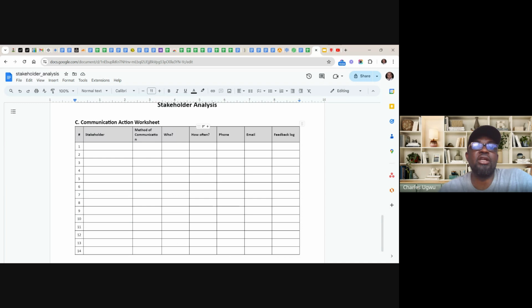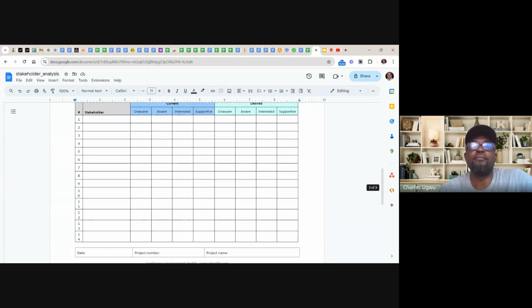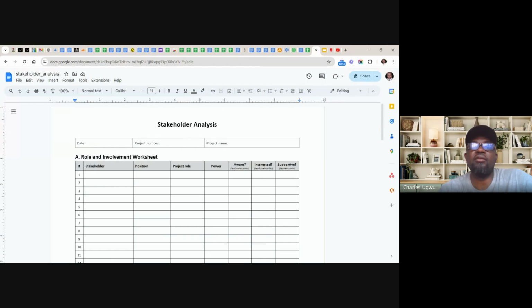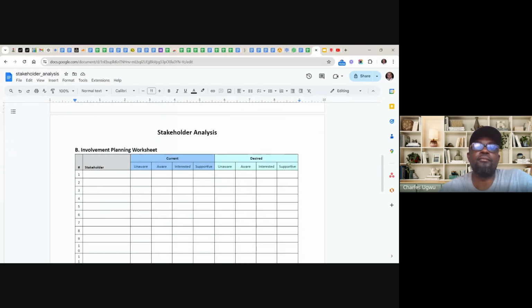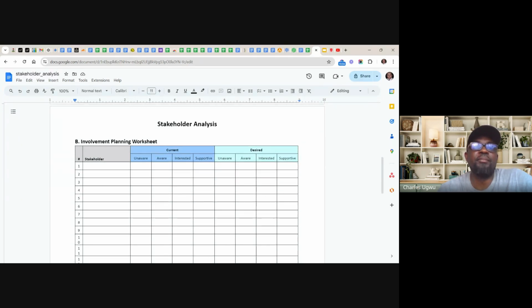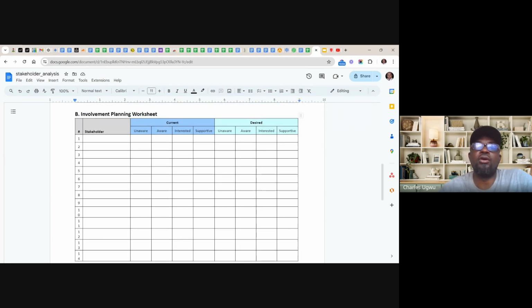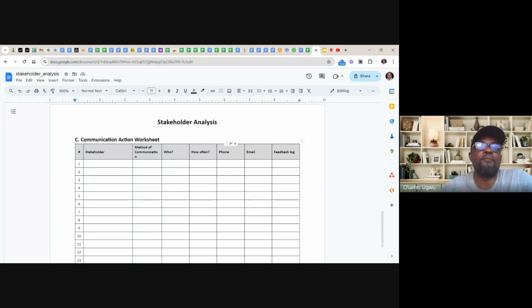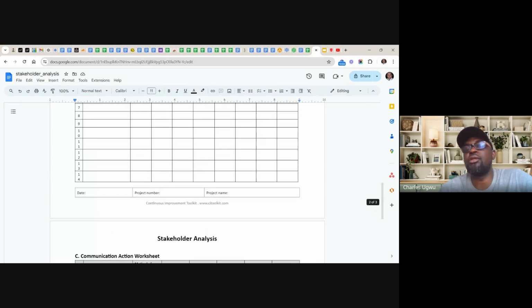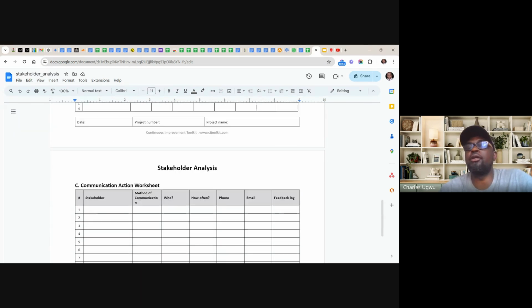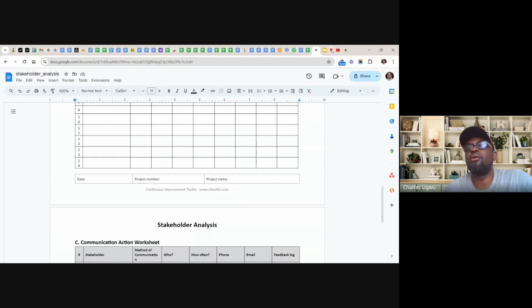We still have communication, we have role and involvement, we have the involvement planning worksheet for gap analysis, and then we have the communication action worksheet. What we don't have here is the power grid. I don't use all these things, but if you are just learning, it's good for you to know.